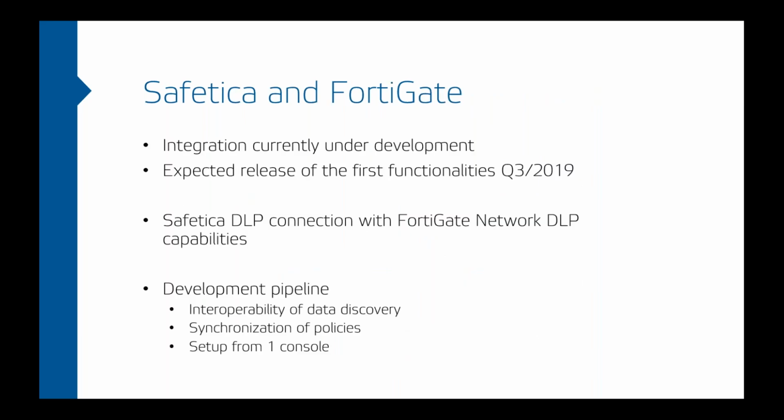And a big part of what we are working on right now in research and development is integrating Safetica with FortiGate, basically extending the endpoint security and endpoint DLP features with network DLP features which are available within the FortiGate. We already have some working prototypes of some of these things that we have in the pipeline, as you can see on the slide below. Especially the first thing that we focus on is being able to pass the information from Safetica about the sensitivity of the data to the FortiGate, which then can decide what can happen with data on the network level.